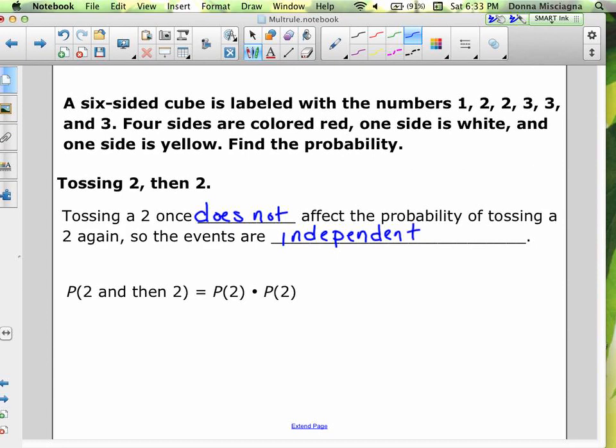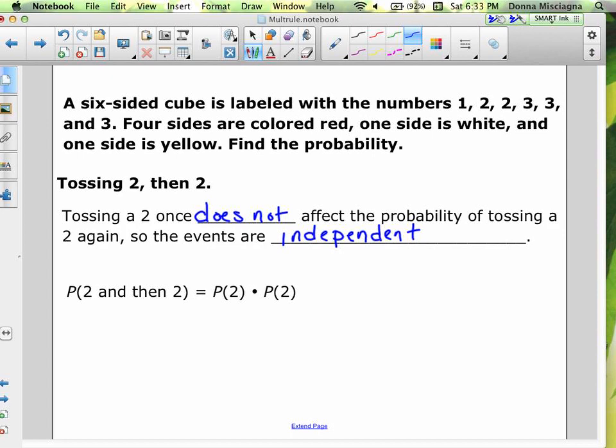So when we have independent events, the probability of more than one event is going to be the product of the individual probabilities. Okay, so we have two events here, tossing a 2, then tossing a 2 again. To find the probability of that occurring, we just take the probability of tossing a 2 and multiply that by the probability of tossing a 2.